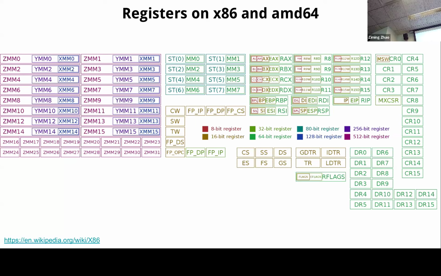CR3 is the register to store the physical address of your memory page tables, which we will study in the module on processes. Each process has its own edition of virtual memory. They think they have 4 GB of memory, but actually your computer may only have 1 GB of physical memory, right? Then there is something called a page table to tell the CPU how to translate a virtual address into a physical address.